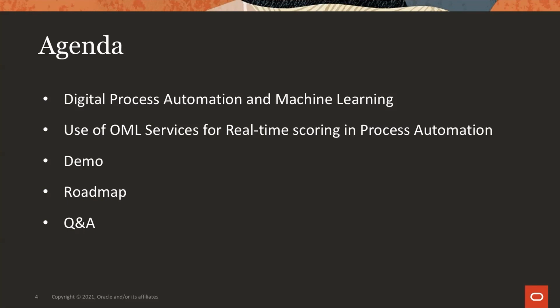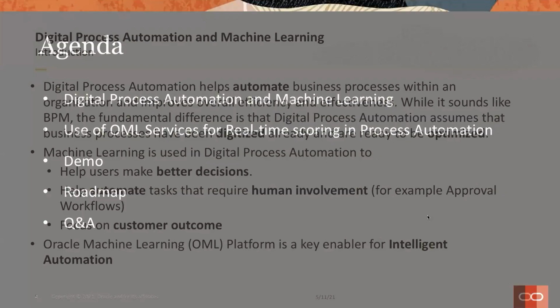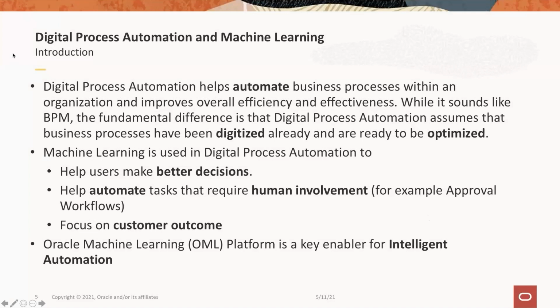Okay, I need to hit the button. So digital process automation, what is it? Digital process automation really helps automate business processes within an organization. And you might be all familiar with the term business process management, and digital process automation is not that much different.